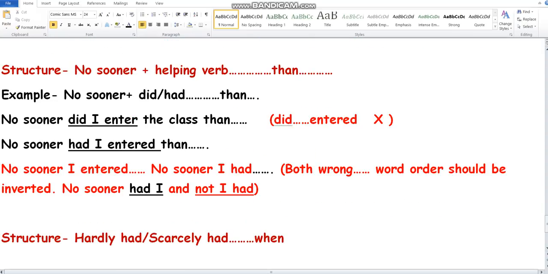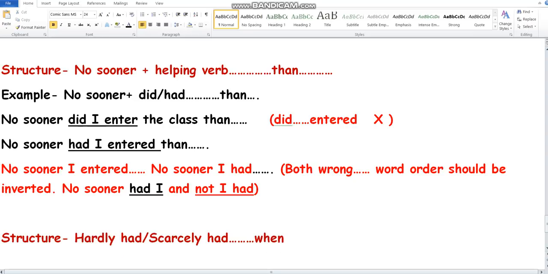We also use hardly had or scarcely had with when to express the same idea as in no sooner than. But there are a few differences. With no sooner, we use than. No sooner and than. This is the pair. And with hardly and scarcely we use when.